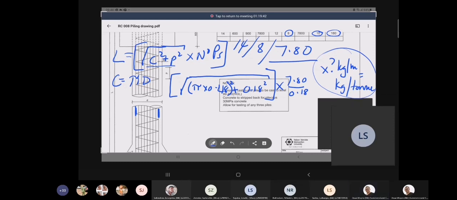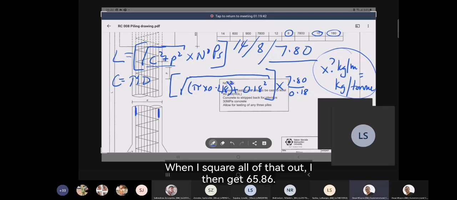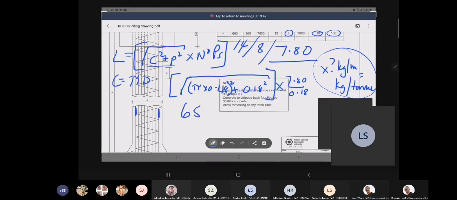So now, what am I doing? When I work all of that out, I then get 65.86 meters.